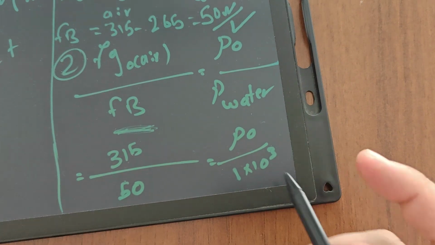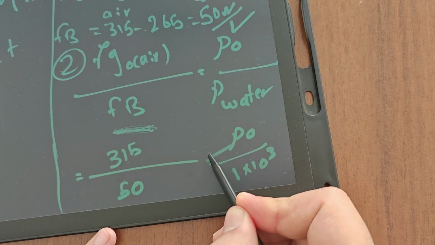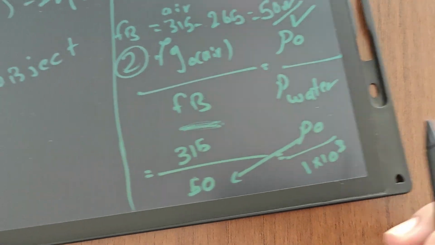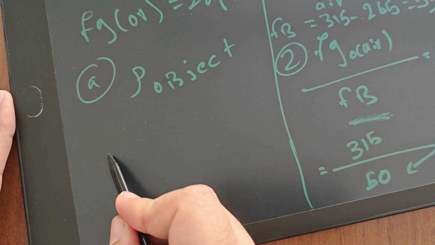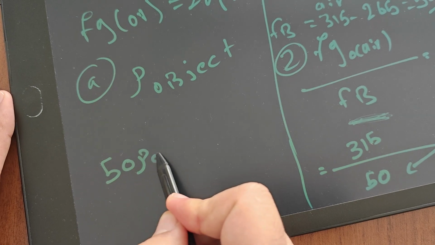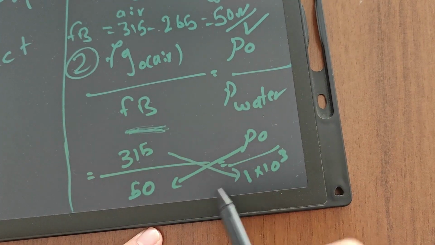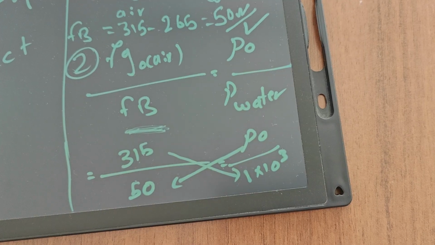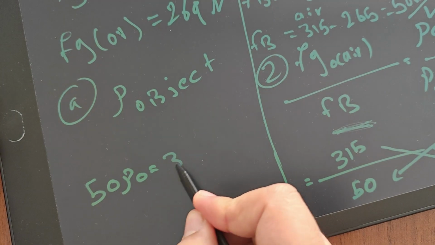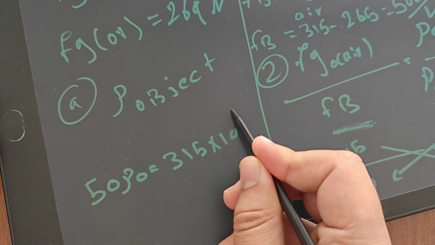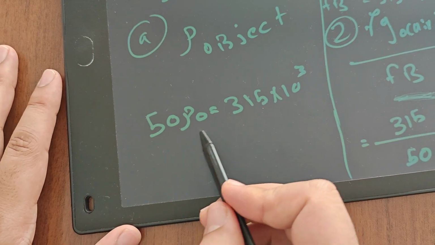Now we multiply both of them. Density times 50 will be 50 density, equal to 315 times 1 times 10 power 3, which is 315 times 10 power 3. Yalla, find the density of the object.